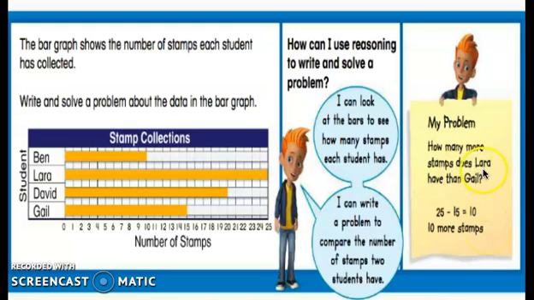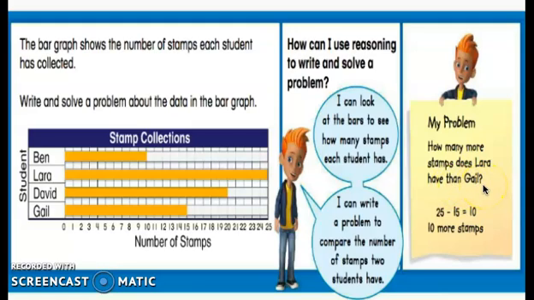We need to find how many Laura has first. So we're going to go over here to the students. It says Laura, and I'm looking at this graph. It says she has 25, okay? Now we're going to take a look at Gail. Gail has 15.